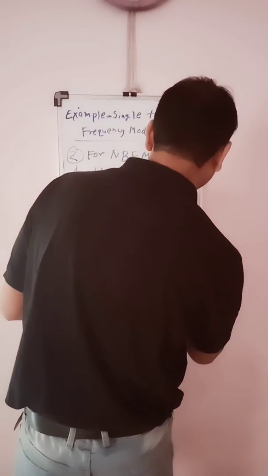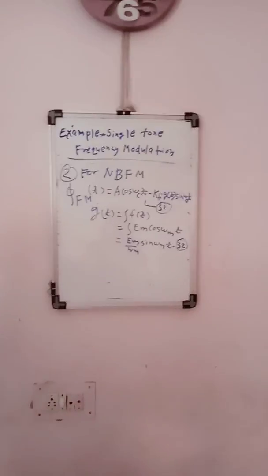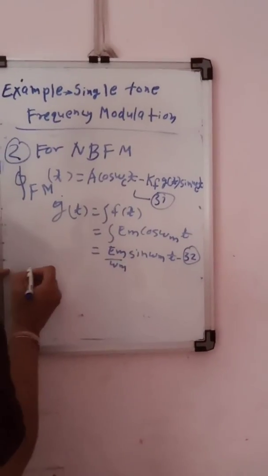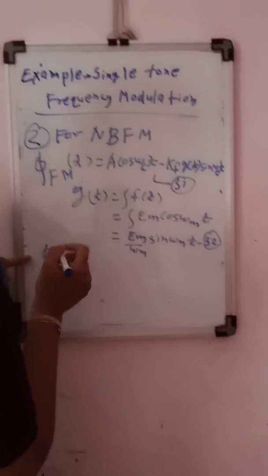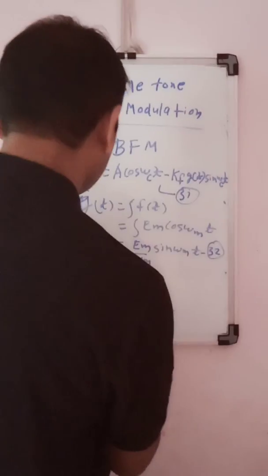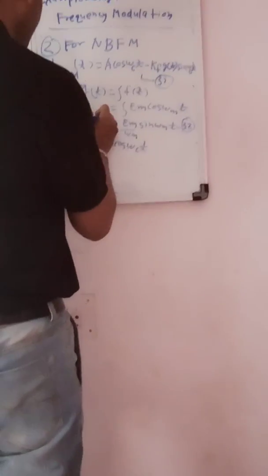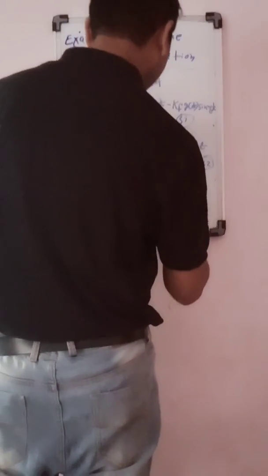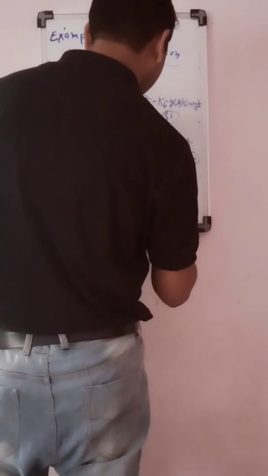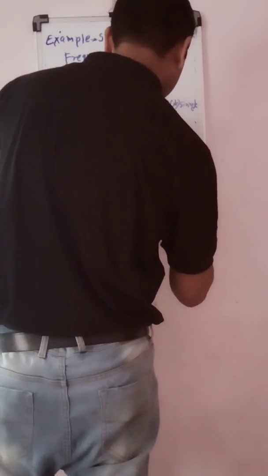Now simply I have to put the value here. So this kf Em upon omega m, whatever it will represent. Now I will put the value in expression 31. Putting this value in equation 31, phi FM t is equal to A cos omega ct as it is, and I will put the value of g t here, so I will get minus kf Em upon omega m sin omega ct.